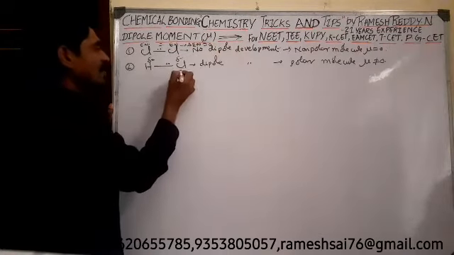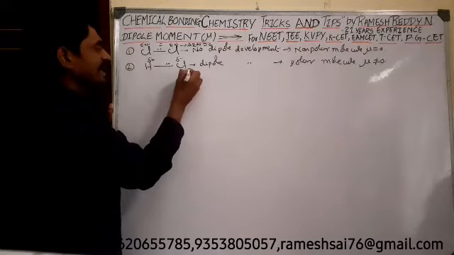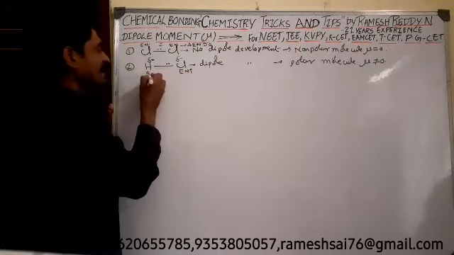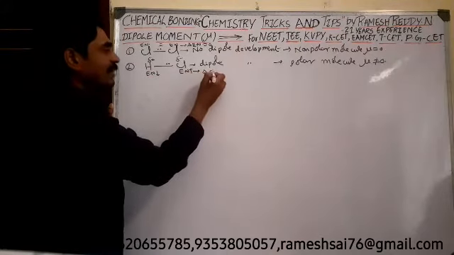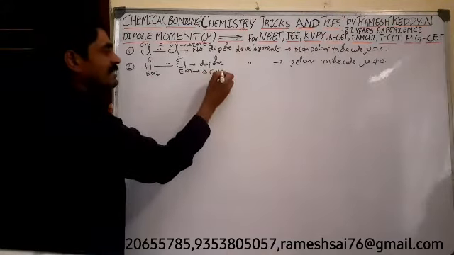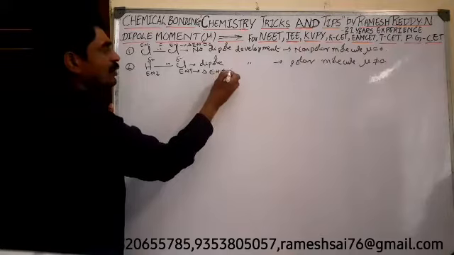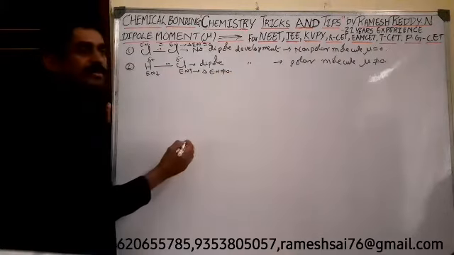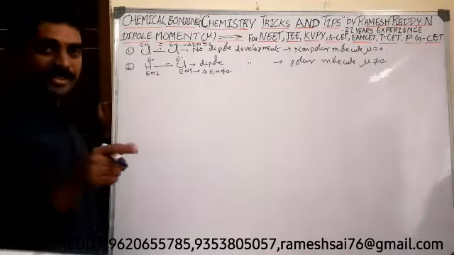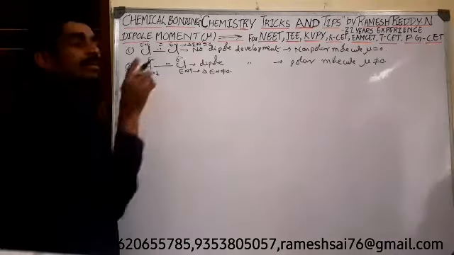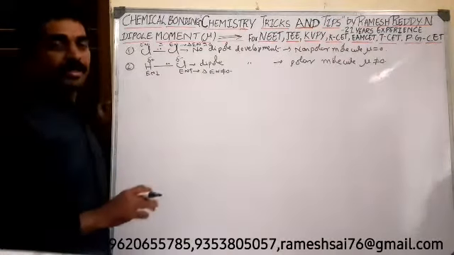But in HCl, chlorine is highly electronegative and the hydrogen atom is less electronegative. So here the electronegativity difference is not equal to 0. Some value is there. So due to the difference in electronegativity in a molecule, dipoles are developed, right?